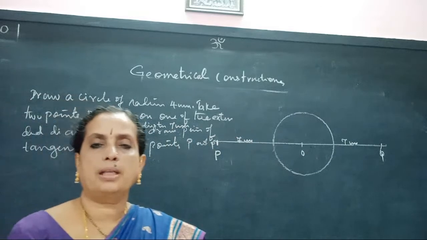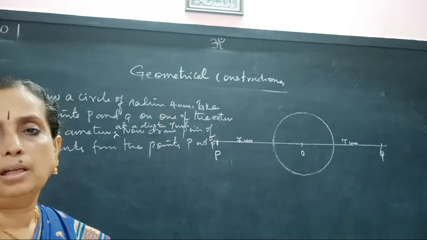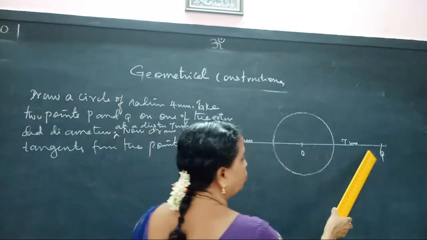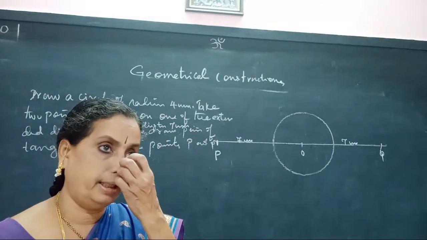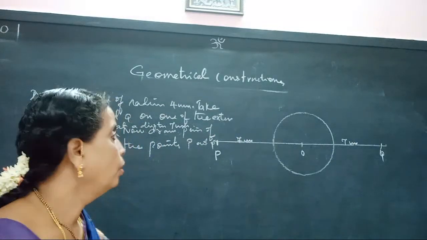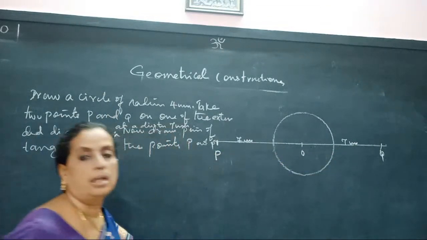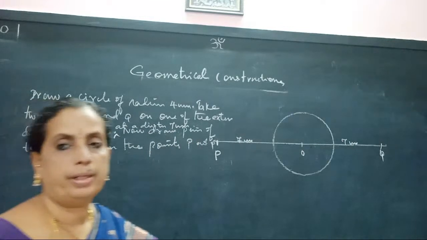First, draw a circle of radius 4 centimeter. Take points P and Q on one of its extended diameter, such that OP equals OQ equals 7 centimeter. Up to this over.